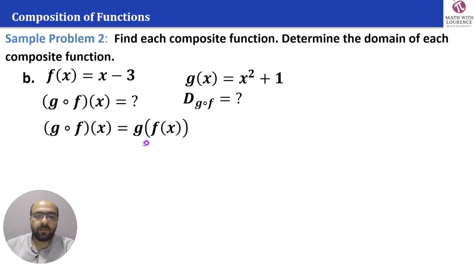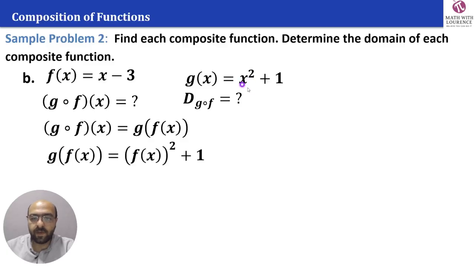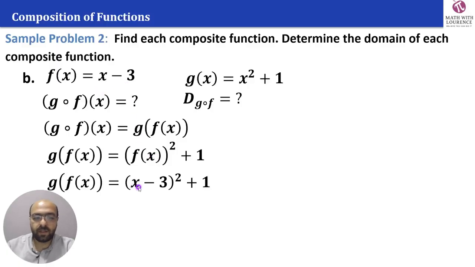Okay, let's start with g: x squared plus 1. I will remove x and write f. What is f of x? f of x is x minus 3. Excellent. So I will write x minus 3, squared, plus 1.